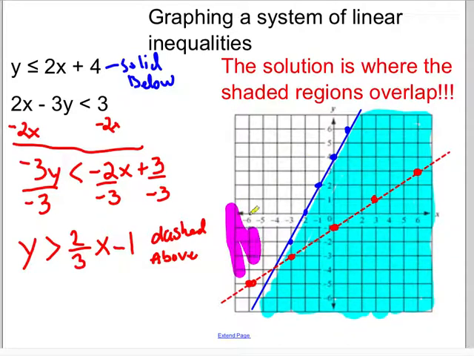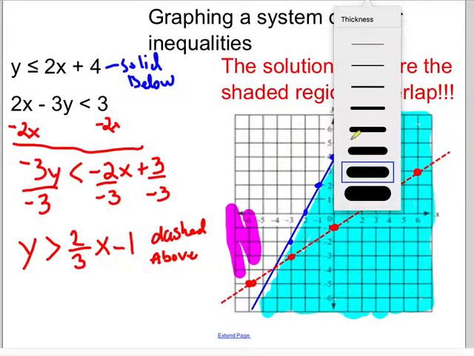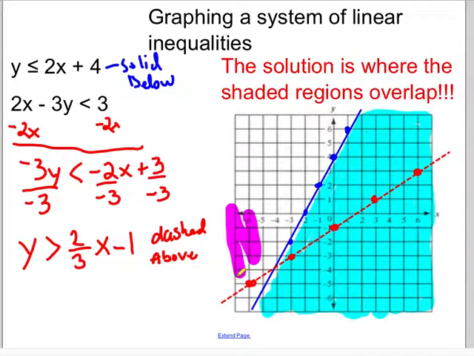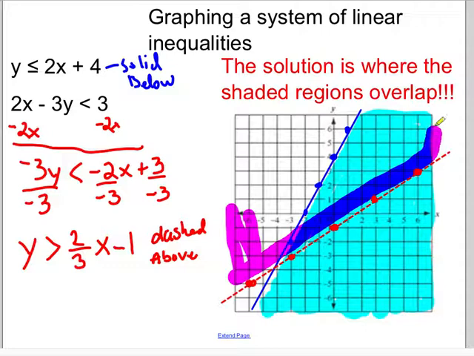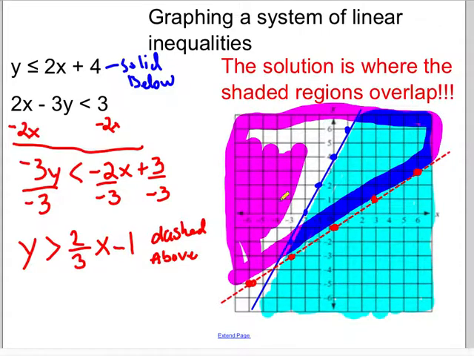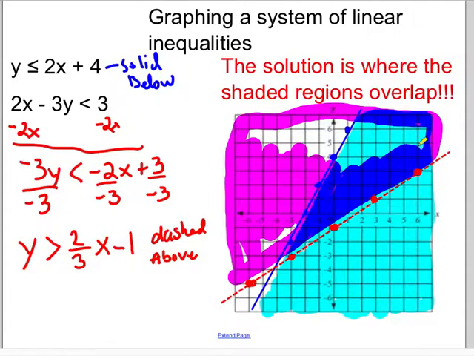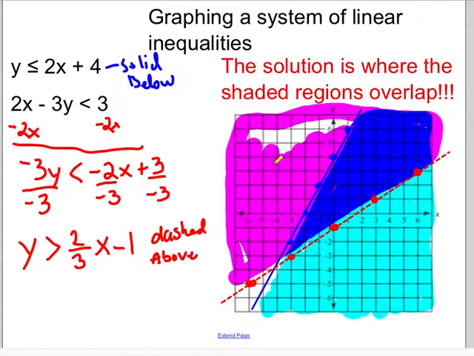So if I shade here, this is everything above my red line. Right, so this would represent all the solutions to the bottom inequality.